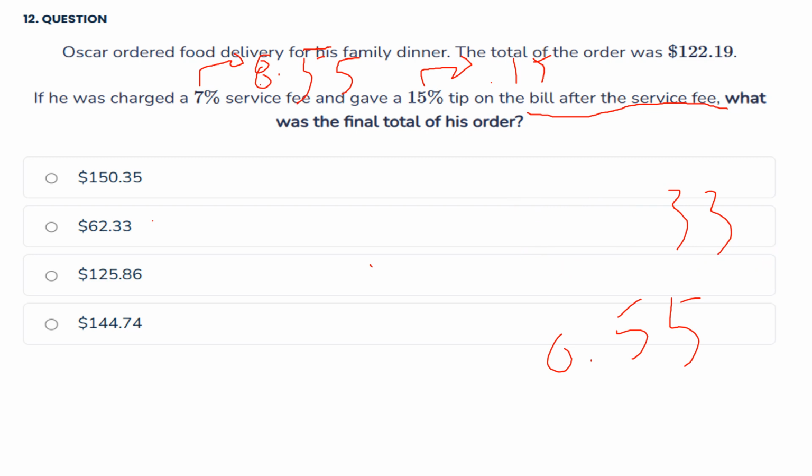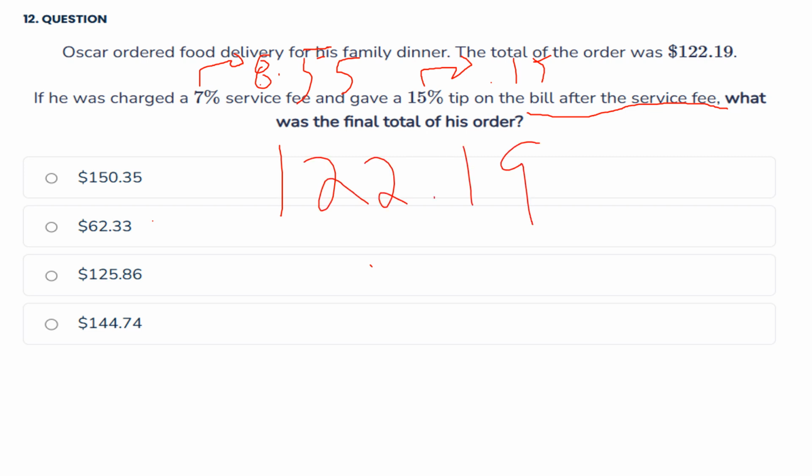All right, so now that I know that number, I'm going to add that to my total bill. So 122.19, and it's important to line your decimals up when you're adding and subtracting decimals. So 9 plus 5 is 14.